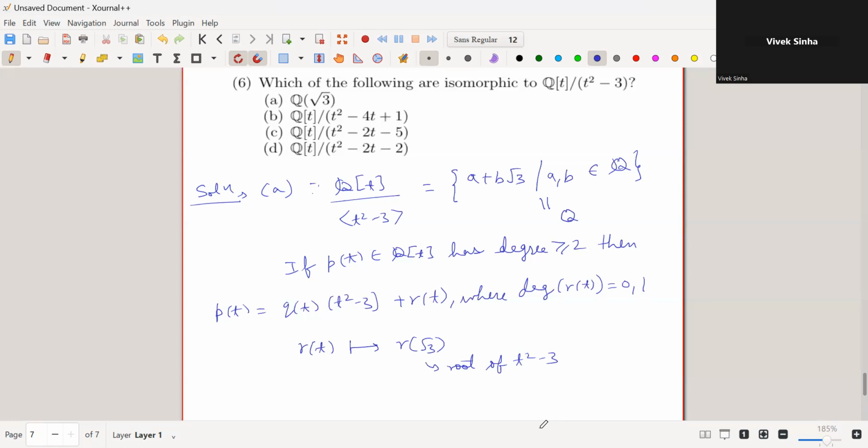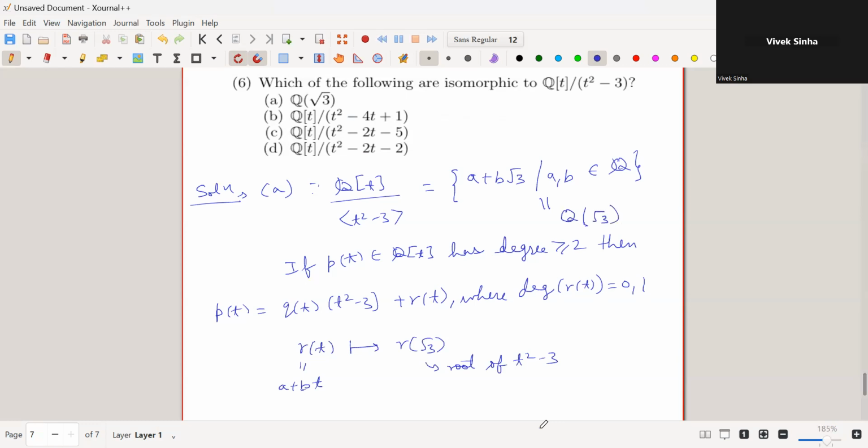So r(t) is of the form a plus b t, right? It's a linear polynomial. So that's how the image of all these polynomials under this isomorphism will look. And it's an isomorphism. And this is same as Q(root 3).